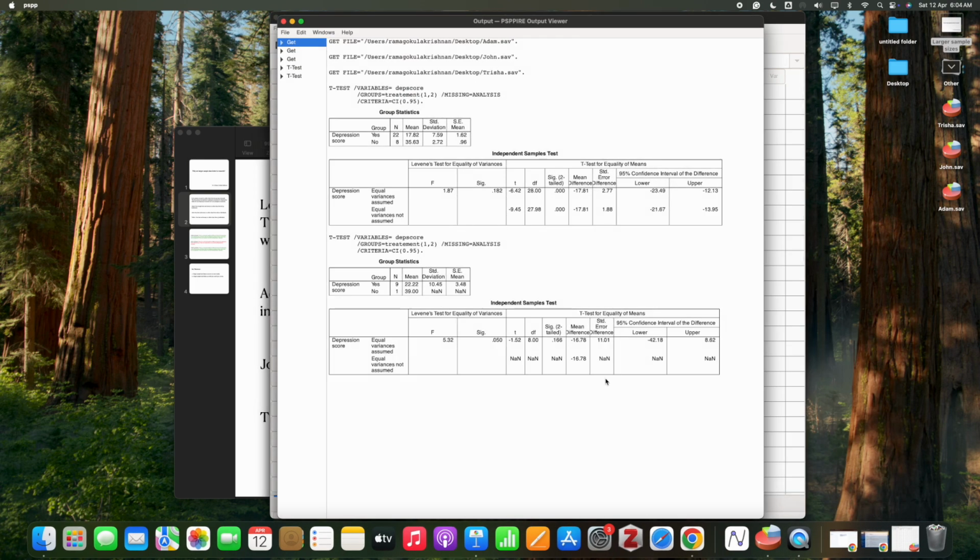So the table below here, this is John's response, and you can see that although there is some difference here, the results have not turned out to be statistically significant. Because of this, John may draw a completely different conclusion, which we'll get to later. But this is the result secured by John, and these results are not statistically significant.